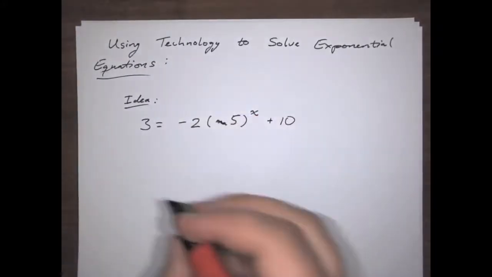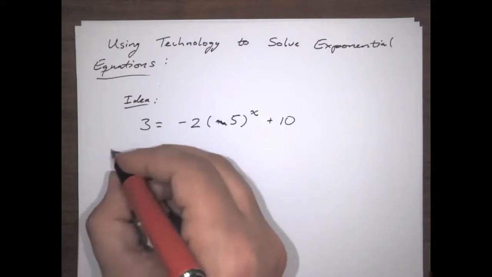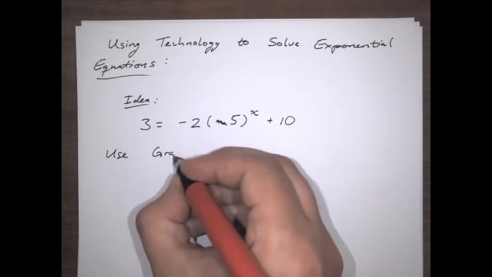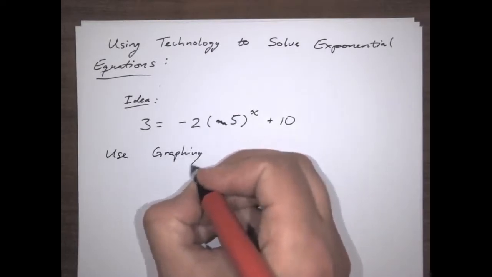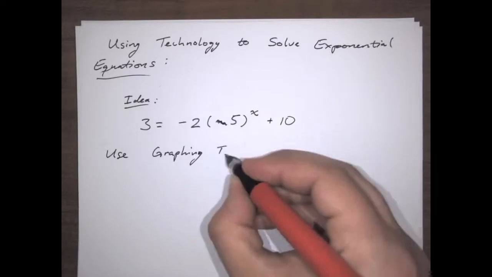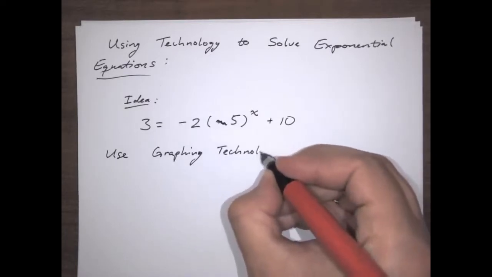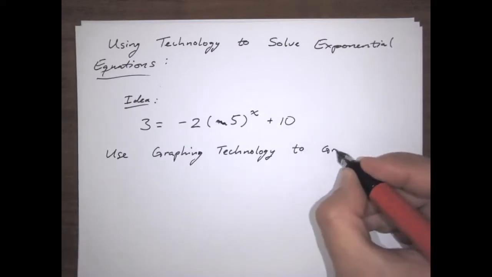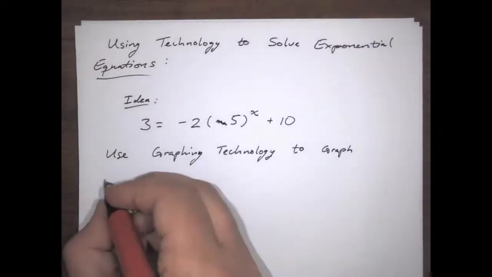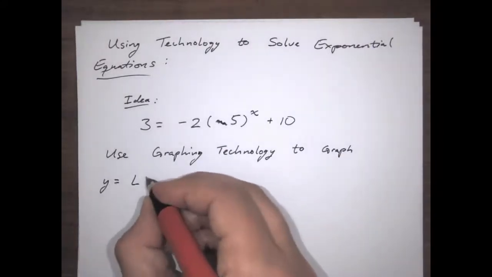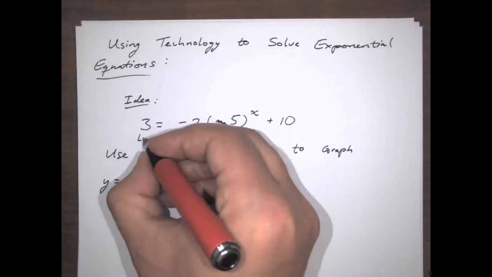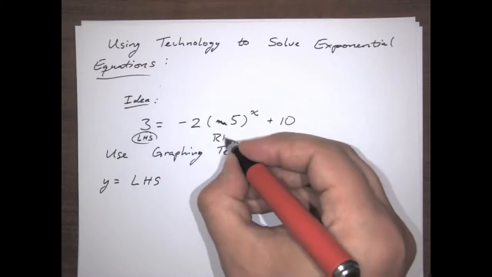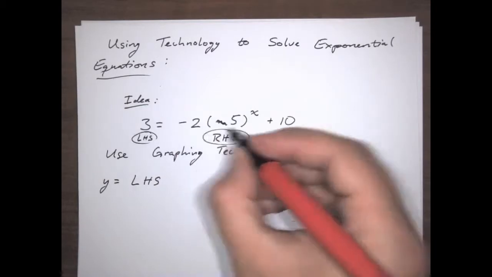So if this is the equation that we're trying to solve, then what we can do is use some kind of graphing technology, such as Desmos, to graph y equals the left-hand side of the equation and y equals the right-hand side of the equation.